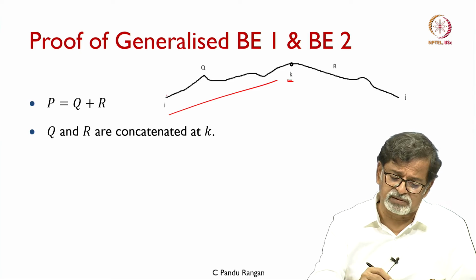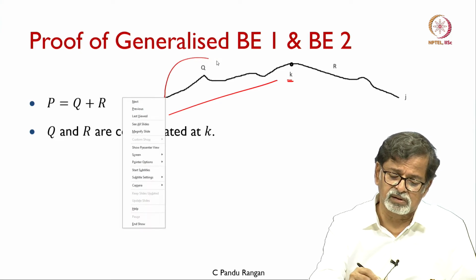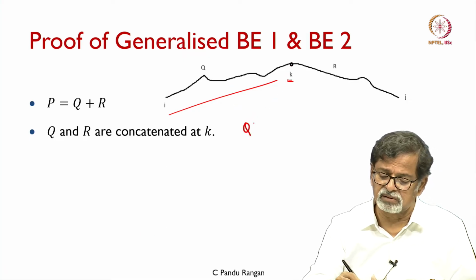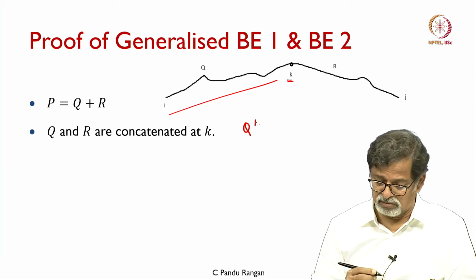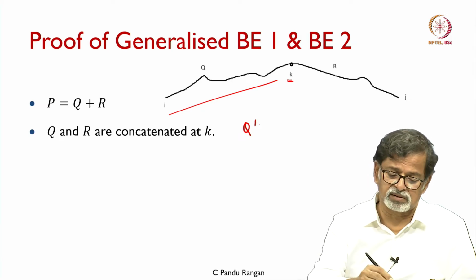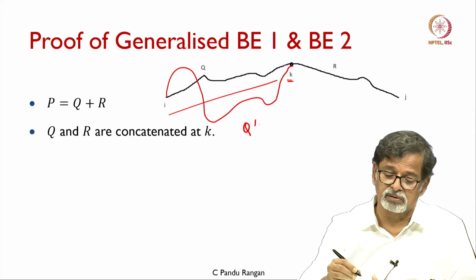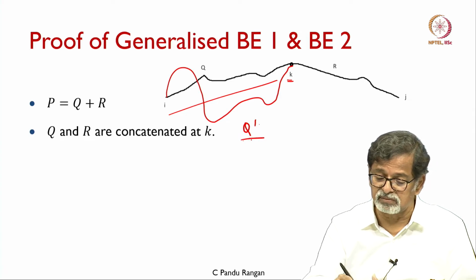Consider the shortest path, same kind of an argument. This is Q dash.